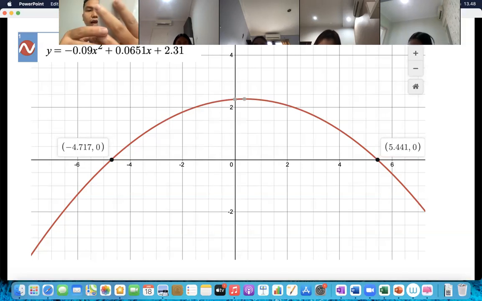And then enter. Then you have the answer. Do you have a question regarding the methodology there? So that's how you find the roots.